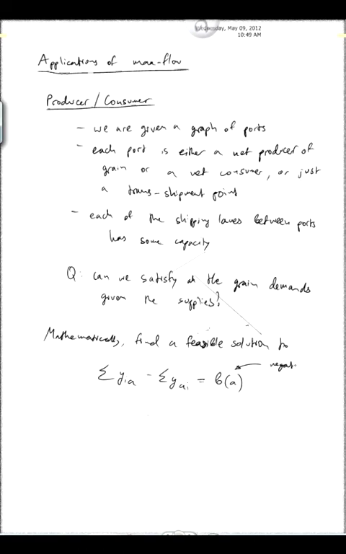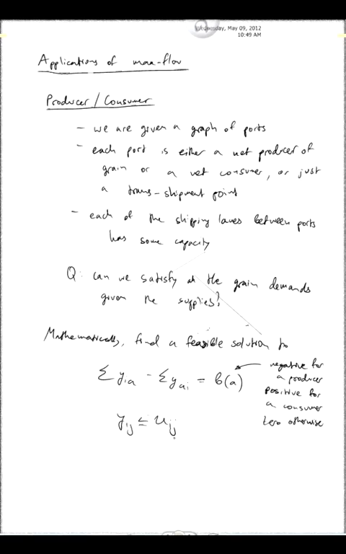So this is going to be negative for a producer, positive for a consumer, and 0 otherwise. And besides satisfying these network flow equations on each node, we also have to make sure that the yij's are less than the uij's. So that's satisfying the shipping capacities on each arc.